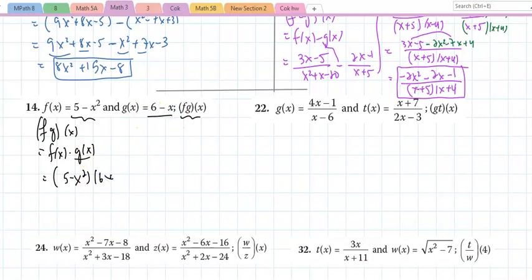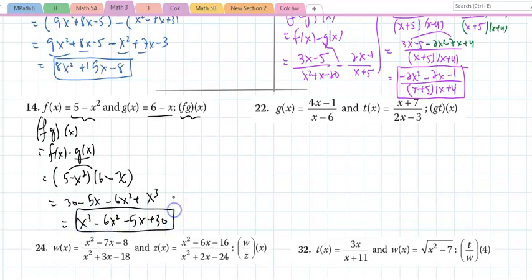All you have to do now is FOIL. That would be 30 minus 5x minus 6x squared plus x cubed, and that would be x cubed minus 6x squared minus 5x plus 30.